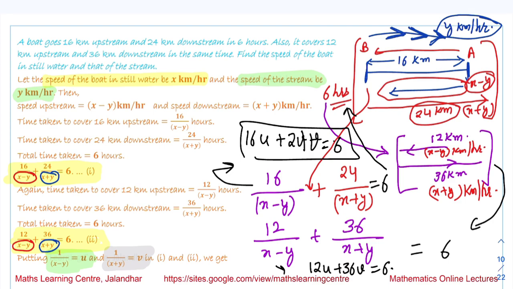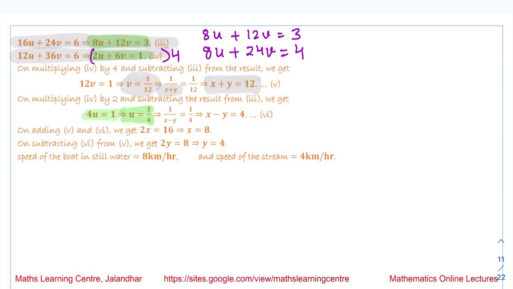Now when we substitute this value of v in one of these equations, we get u is equal to 1 by 4. And what is u? It is 1 over x minus y. So this becomes x minus y is equal to 4. So now we have two equations. One is x plus y is equal to 12. Second is x minus y is equal to 4.